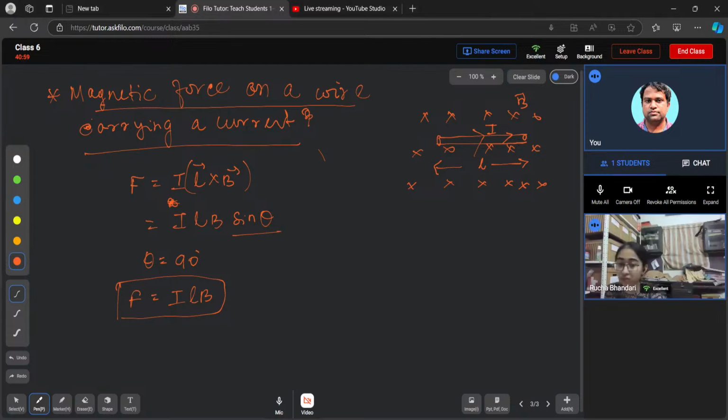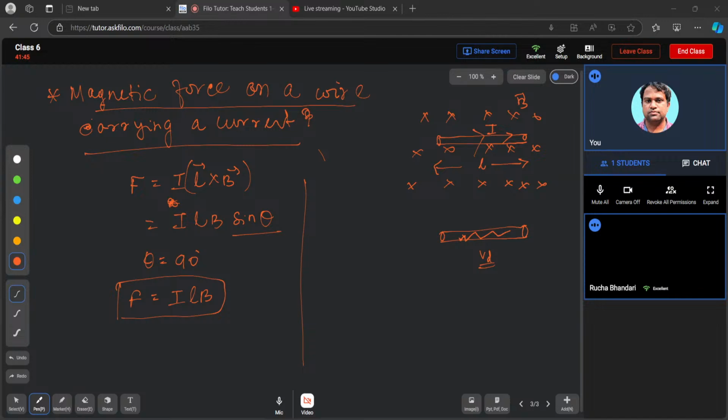So drift velocity is like inside a conductor, the electron does not move in a straight path; it moves in a zigzag path. So the average velocity of the electrons is called drift velocity. Like with this velocity, the electron drifts or moves inside a conductor. This is the average velocity of electrons moving in that conductor.